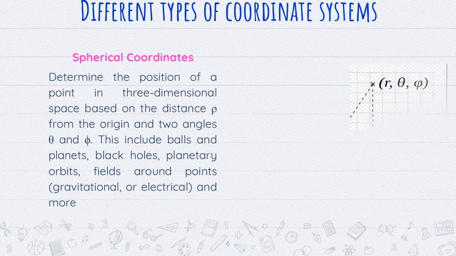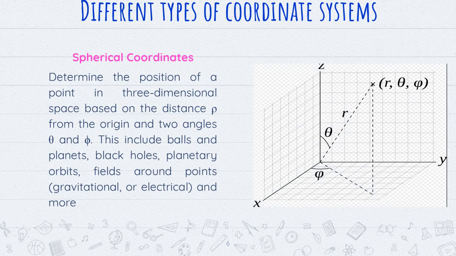So let me start with the diagram of the spherical coordinate system. For the spherical coordinate system also, we are considering the XYZ axes as a reference. Imagine a sphere of radius r with center at origin.